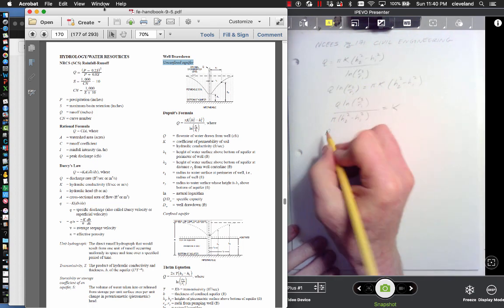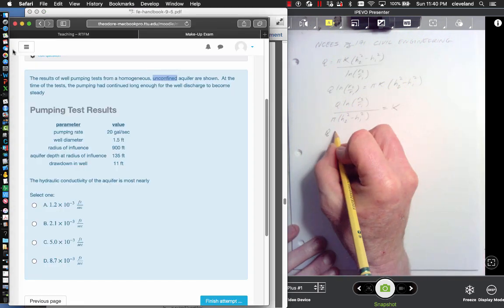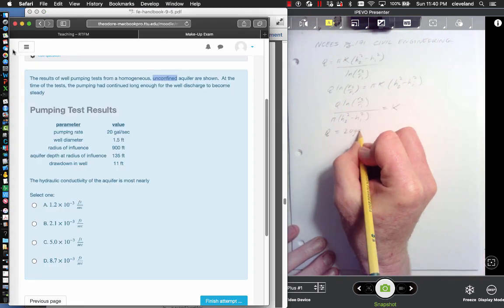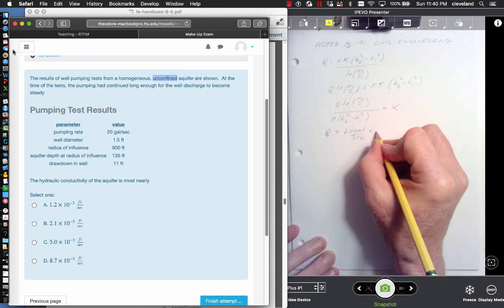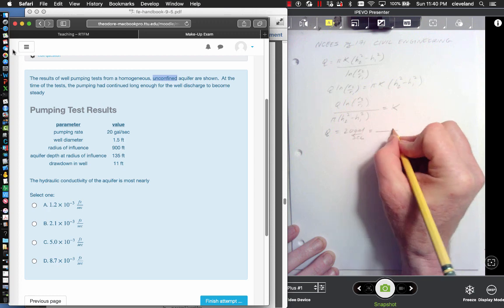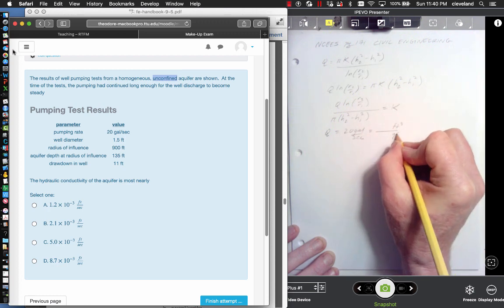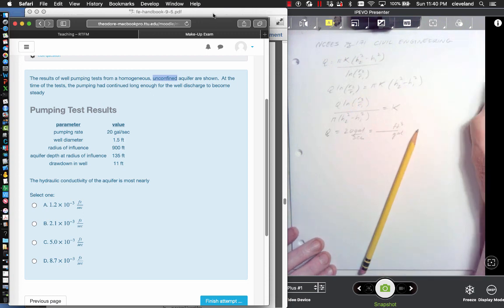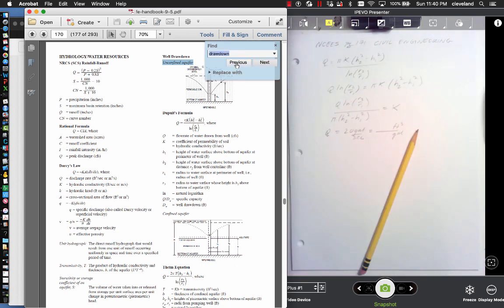Now we're given Q in this problem of 20 gallons a second. We want to convert that into feet cubed per second. So we'll go back to conversions.